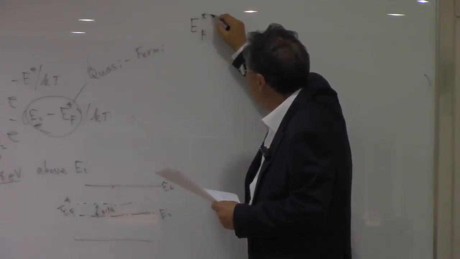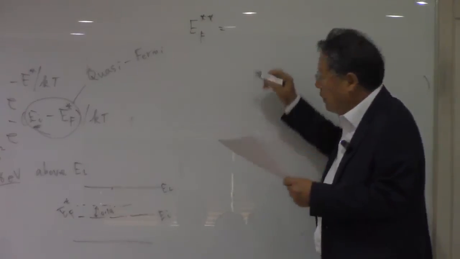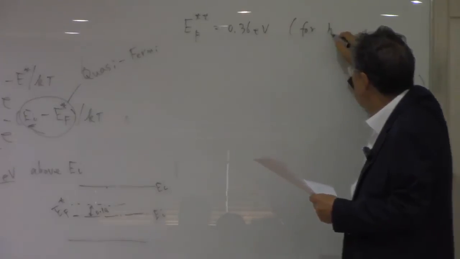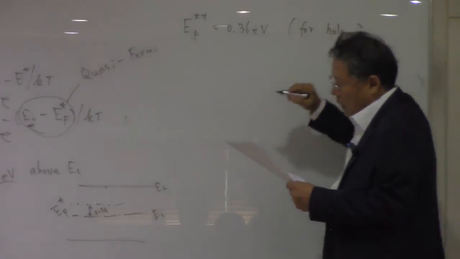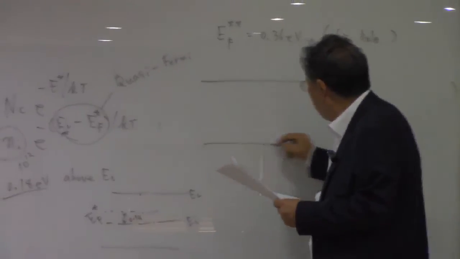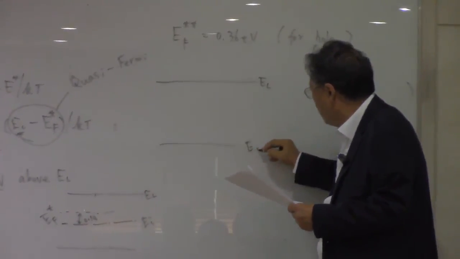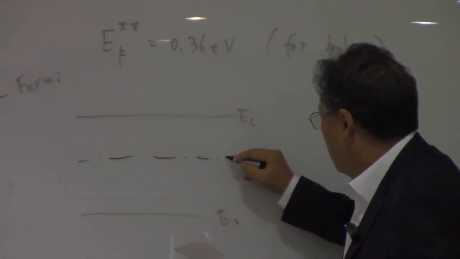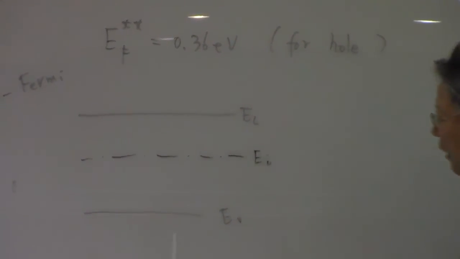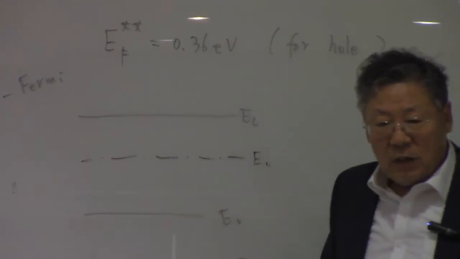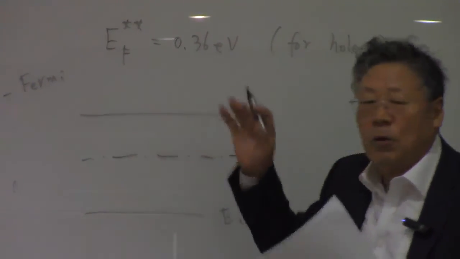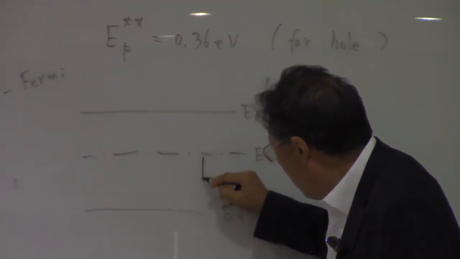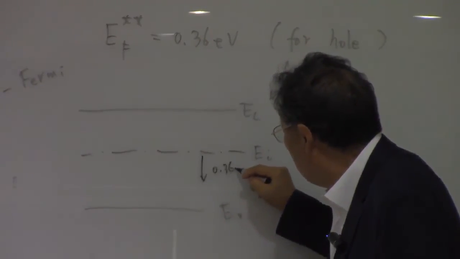EF double star, you may say, that is 0.36 electron volts for holes. And then that means if we have a conduction band and the valence band and intrinsic carrier levels, the quasi-Fermi energy level just for the holes is going to be somewhere below 0.36 electron volts.